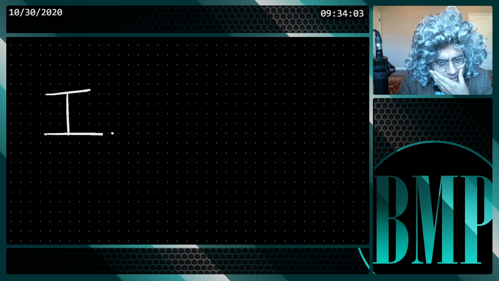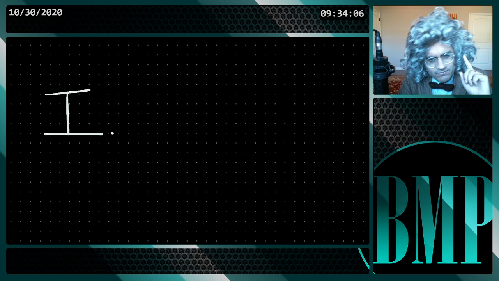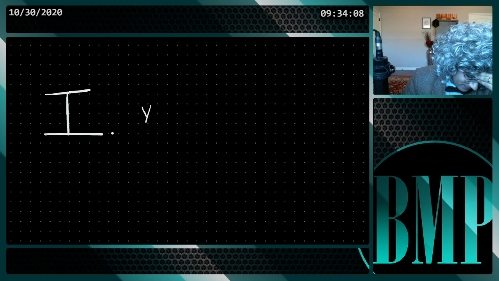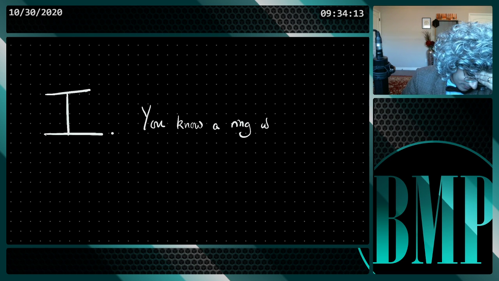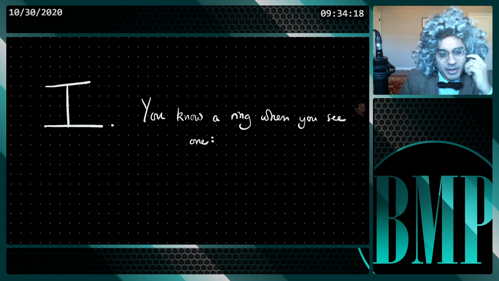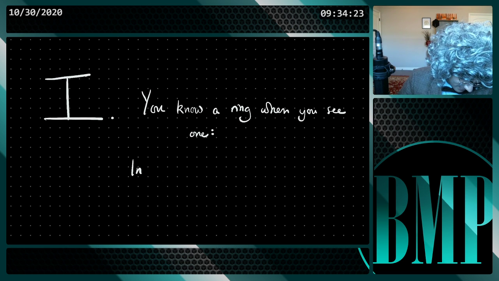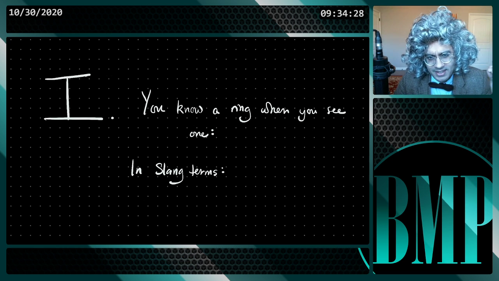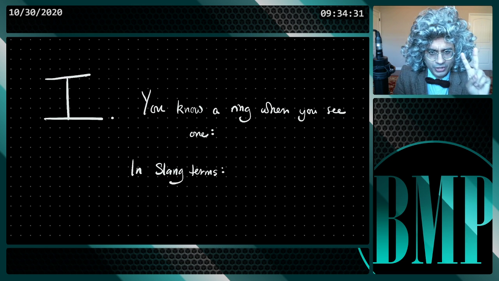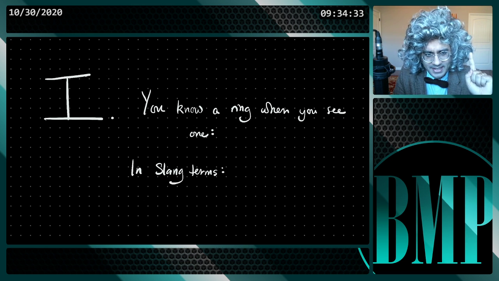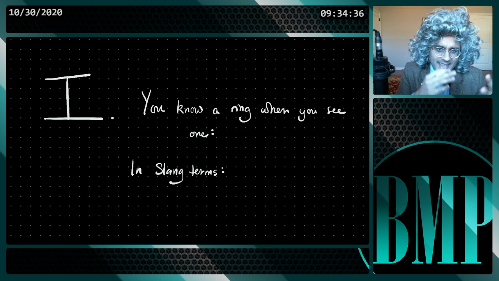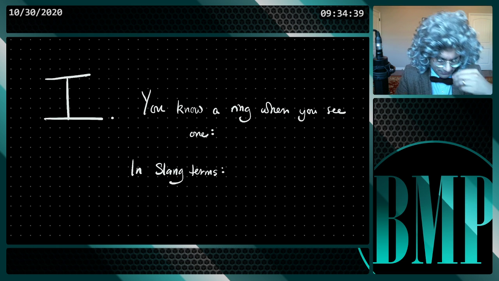So the first thing I want to say to you, class, is you know a ring when you see one. Because what a ring is, in slang, is a thing that has two notions: a notion of adding and a notion of multiplying, that obey the distributive law.